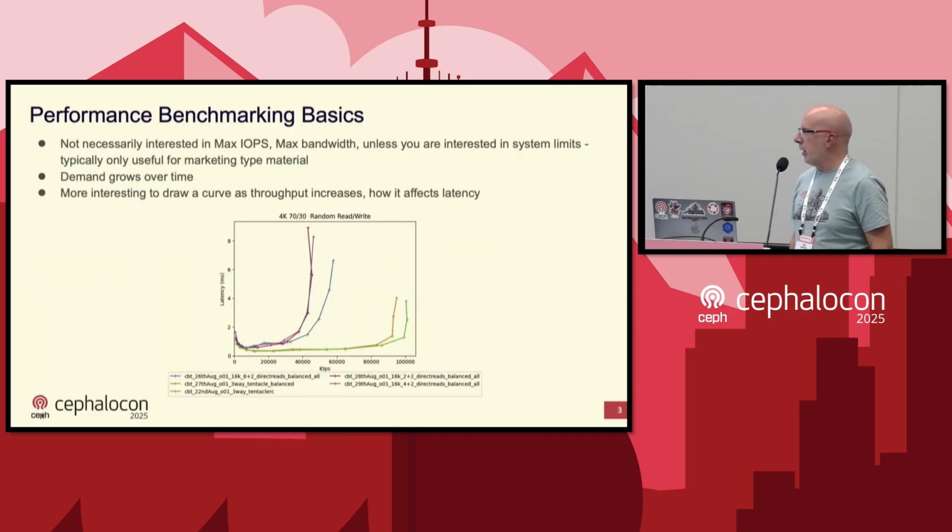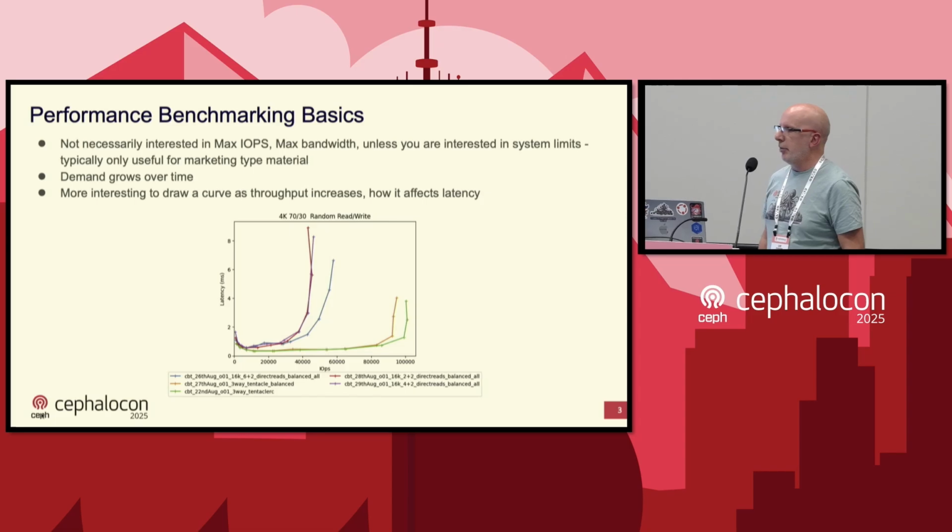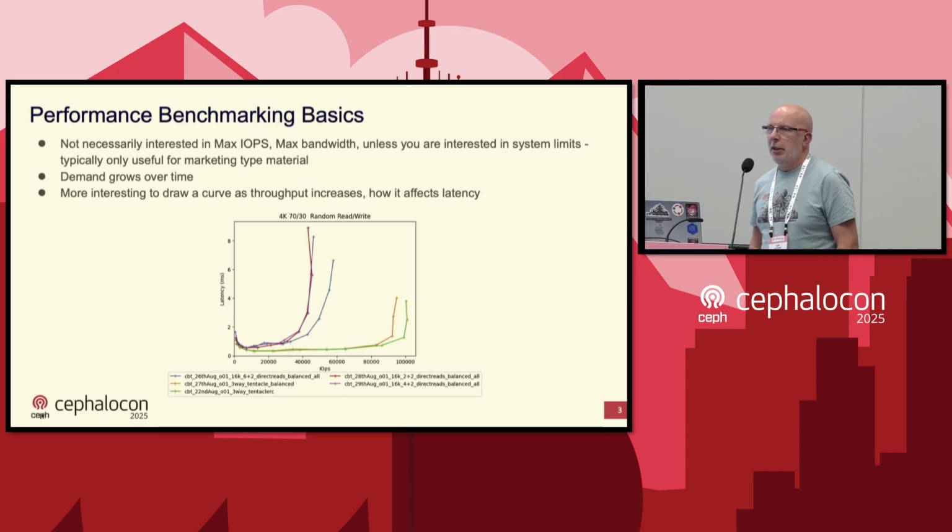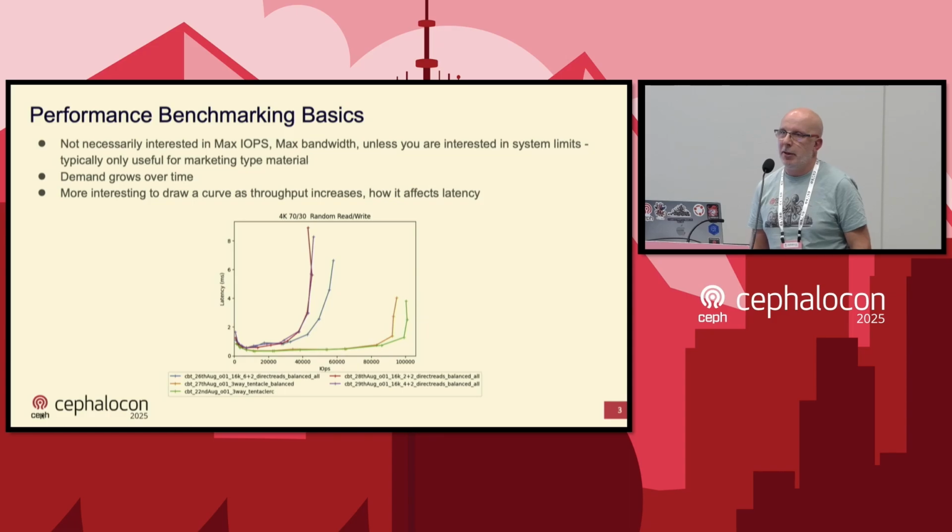So to start with, when you're doing performance benchmarking, you're not really necessarily interested in the max IOPS and max bandwidth unless you're really interested in the system limits. Typically, from my experience, knowing the max bandwidth and max IOPS is really only interesting for marketing type material.